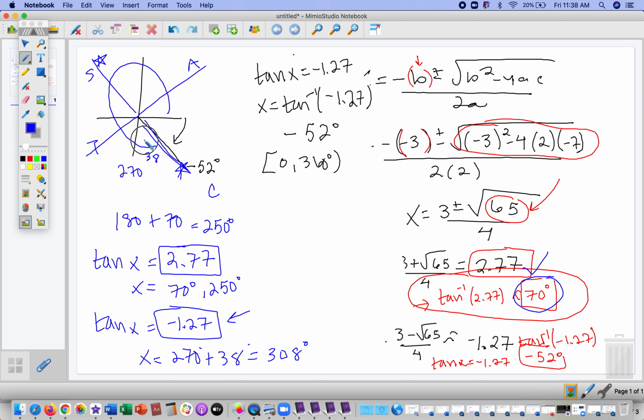So I know this little sliver is 38, this is 52, this is 52 then, this is 38, this is 38, this is 52, 52, 38. So I know that to get to this spot, it's going to be 90 plus 38. So we're going to do 90 plus 38, so we'll have 128. So the other spot is 90 plus 38, which is going to get us 128 degrees.